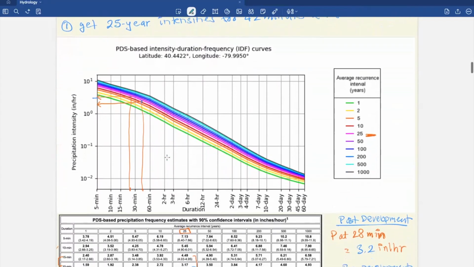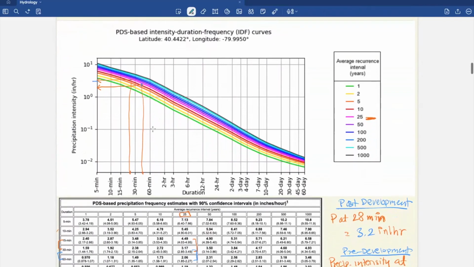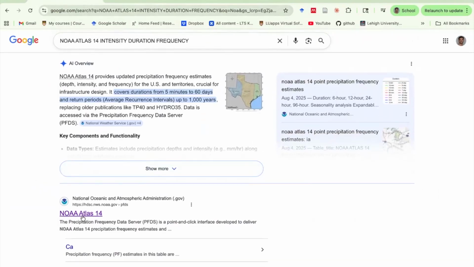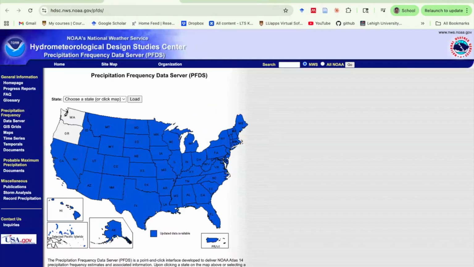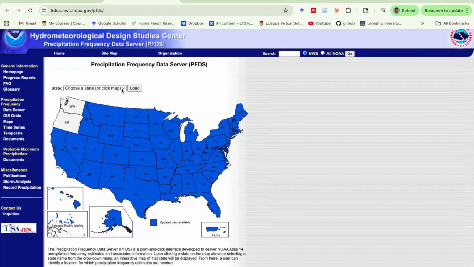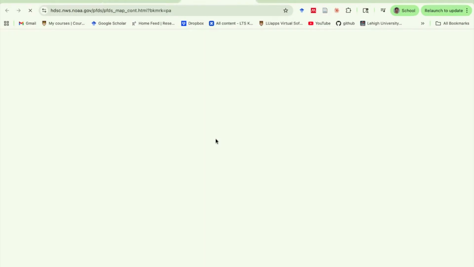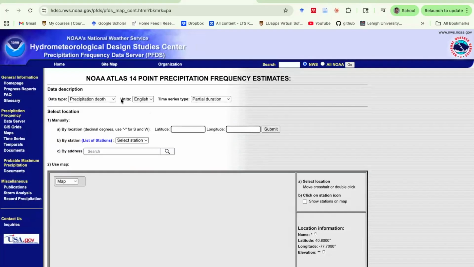So here I will show you how we can get this. First of all, let us type NOAA Atlas 14 intensity. So it gives us this NOAA Atlas 14. When we go here, we can select the state, from here as well as by clicking on the map itself.